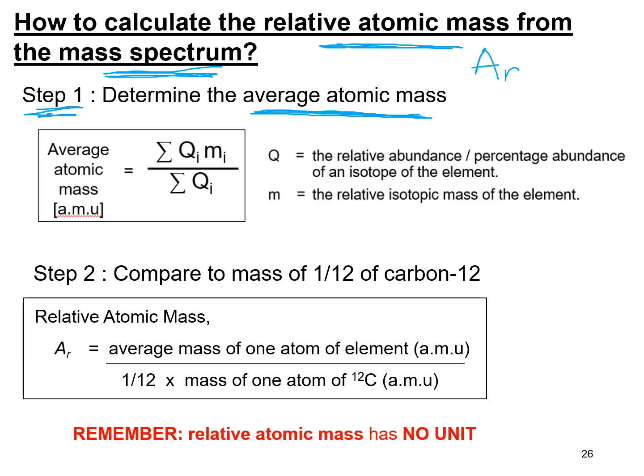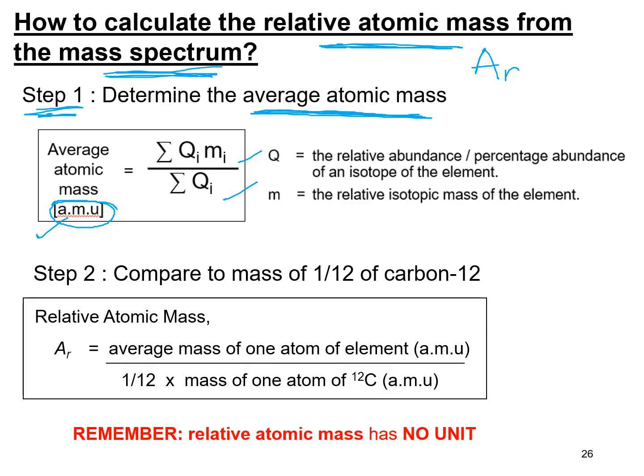Gunalah this formula. Average atomic mass unit dia AMU ya, is equals to summation of relative abundance or percentage abundance kalikan dengan isotope mass of the element bahagikan dengan the summation of relative abundance. Okay, unit kena in atomic mass unit.